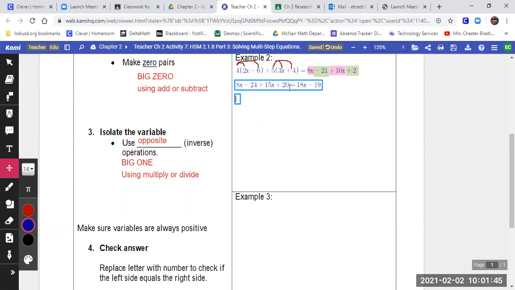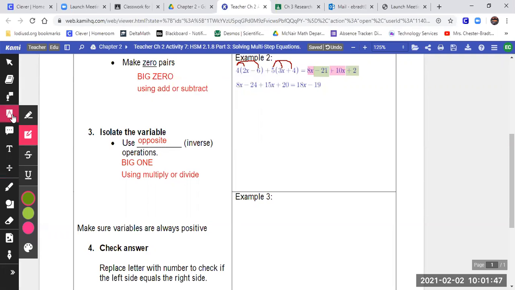So on the left hand side now, I have things I have to combine. I have a negative 24 that I'm combining with a positive 20, because those are the same kind of things, no x attached.